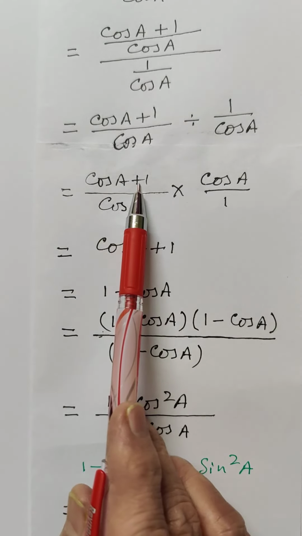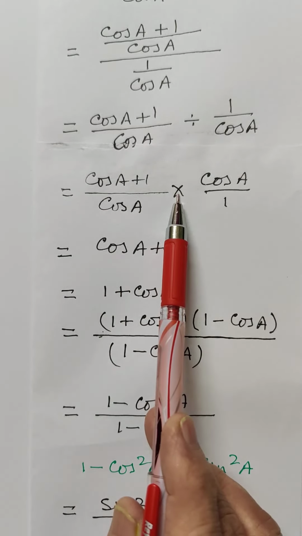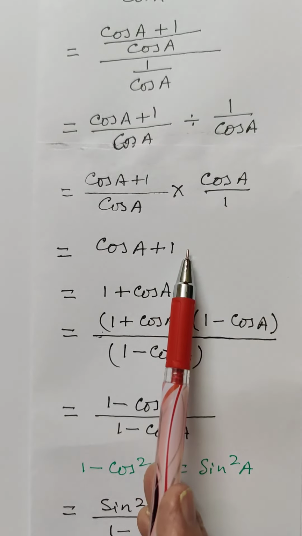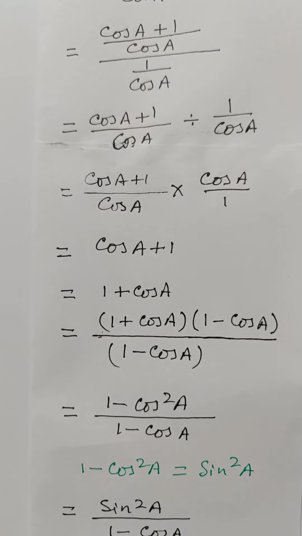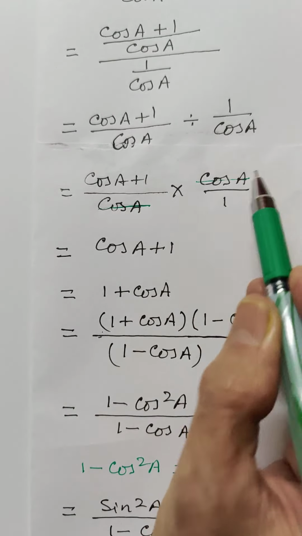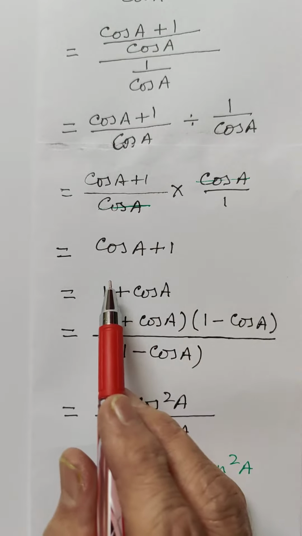So that is (cos A plus 1) upon cos A into reciprocal of 1 upon cos A, which is cos A upon 1. We can reduce this cos A with this cos A and get cos A plus 1 only.